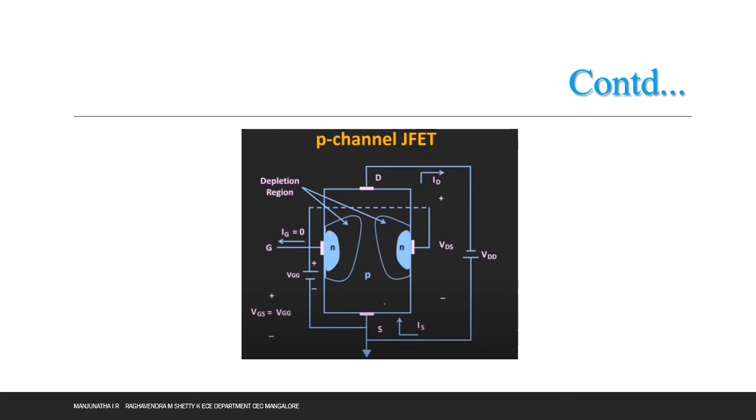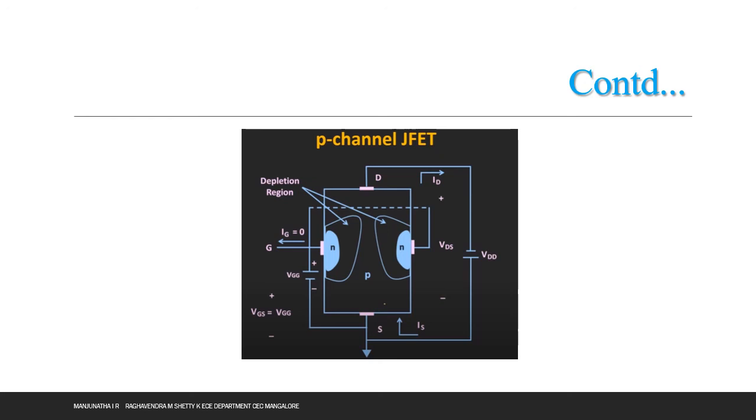Next, I'll be talking about the P-channel JFET. So far we have discussed N-channel only. Now, when we consider P-channel instead of N-channel, what will be the effect from the voltage source and depletion region?